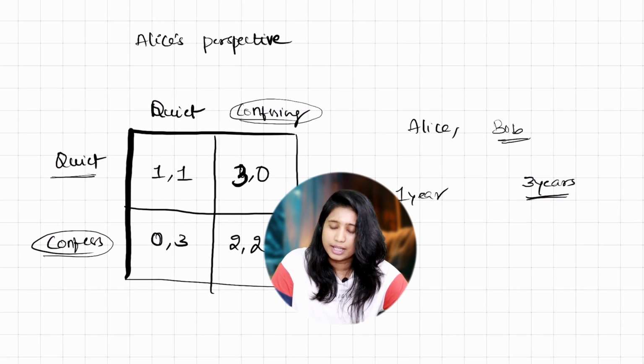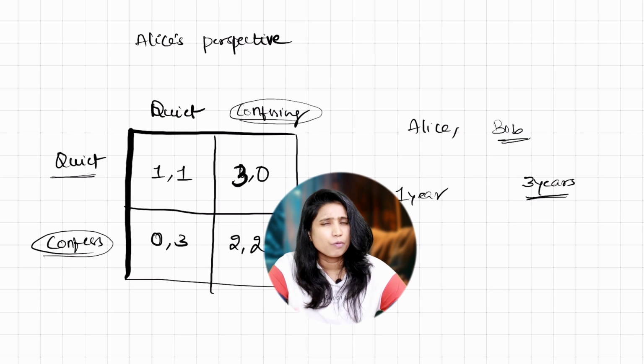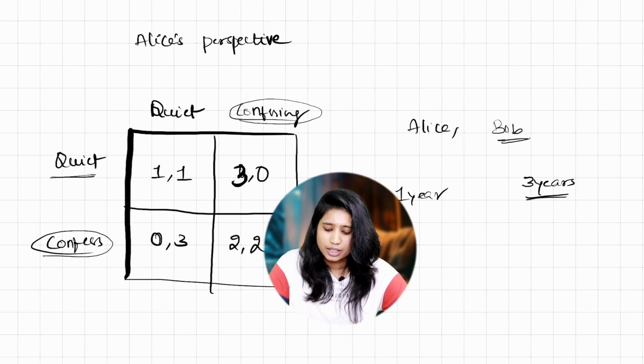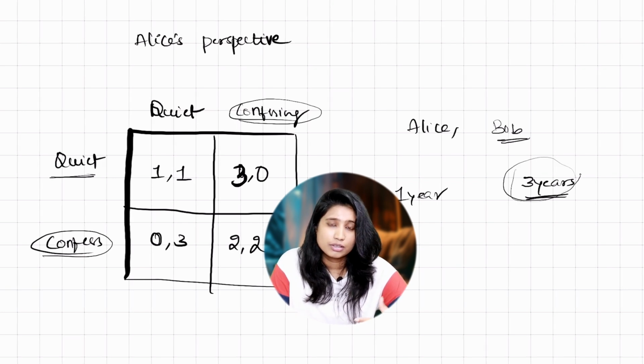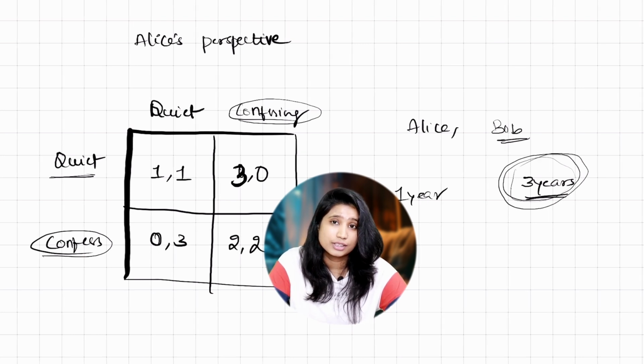As she is not sure about what Bob is going to decide, Elise doesn't want to choose silence as her response, because when she keeps quiet, she's not sure what Bob might say, so she might get imprisoned for 3 years, which is the bad thing that can happen to her.